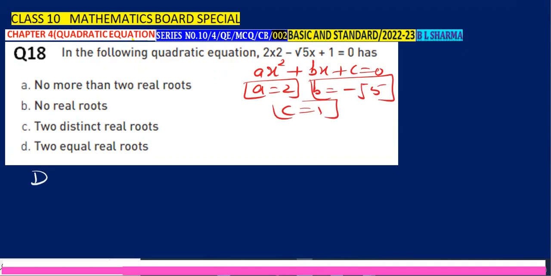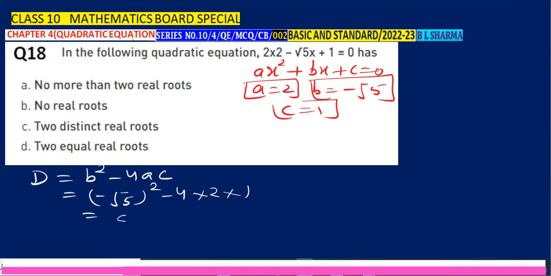Now discriminant is b square minus 4ac, minus 4 into 2 into 1, that is 5 minus 8, that is minus 3.